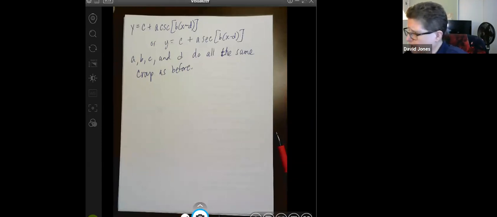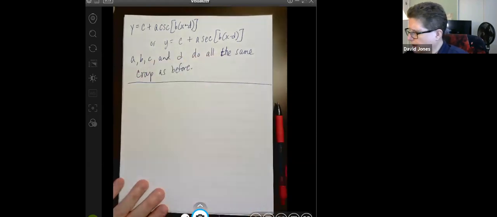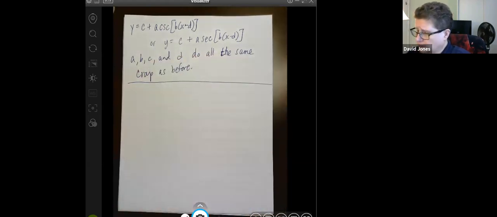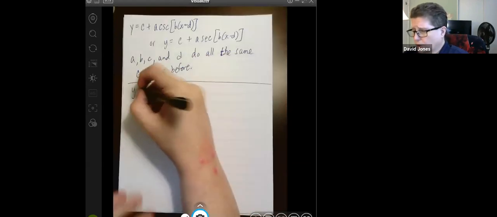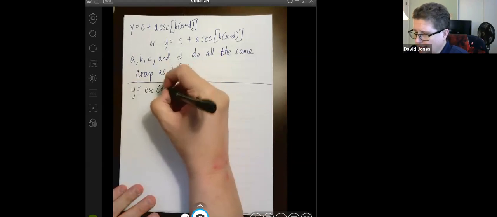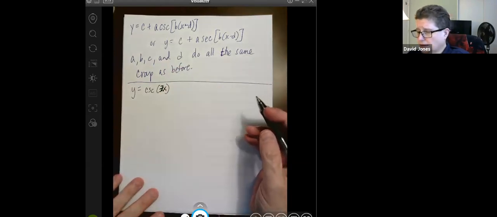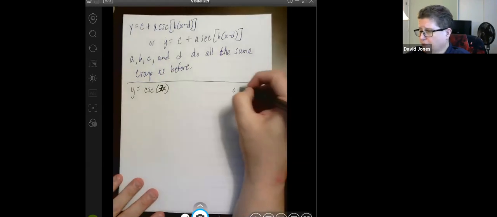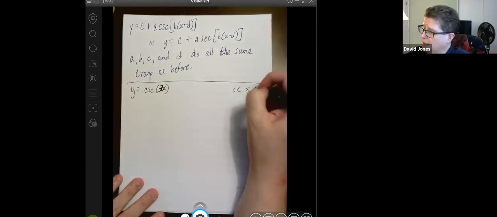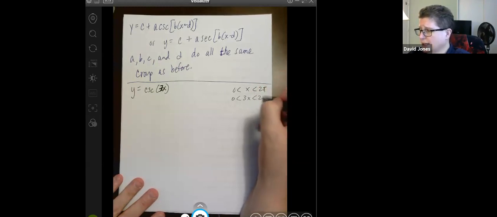So let's just take a look at changing B. Y equals cosecant of 2x. Let's make it 3x. Sine went from 0 to x to 2 pi. Now we've got 0 to 3x to 2 pi.